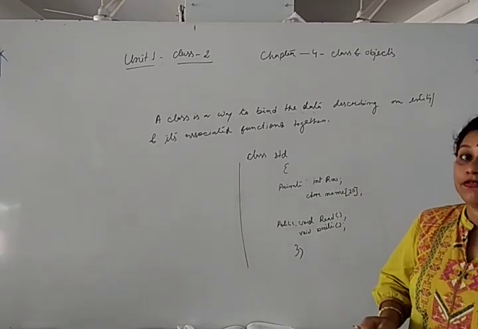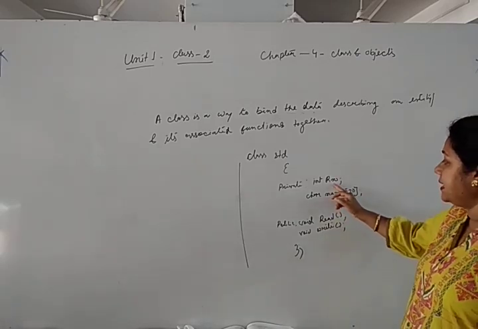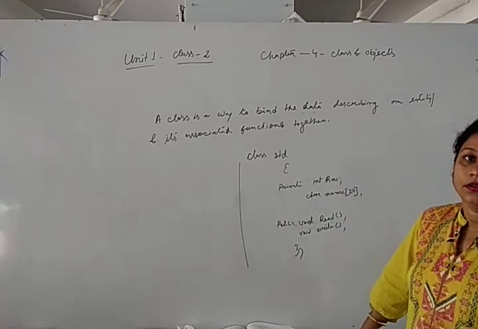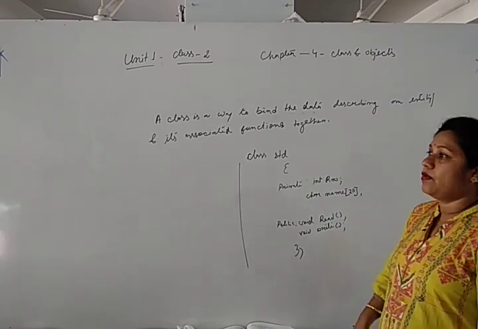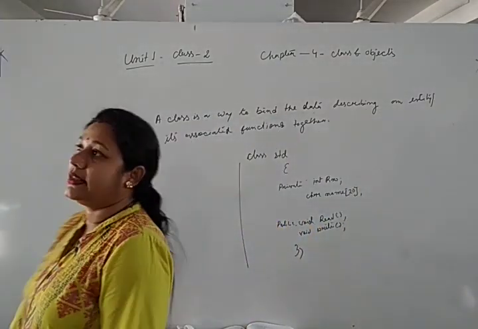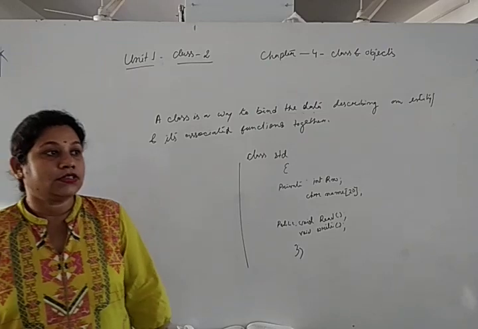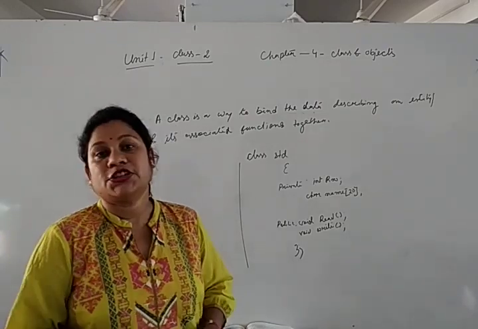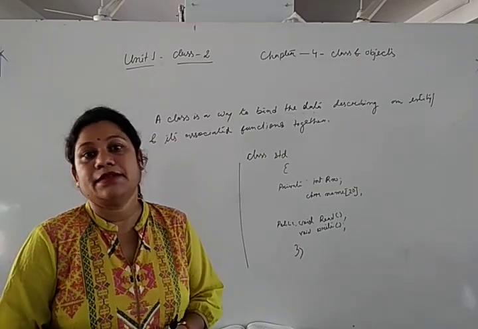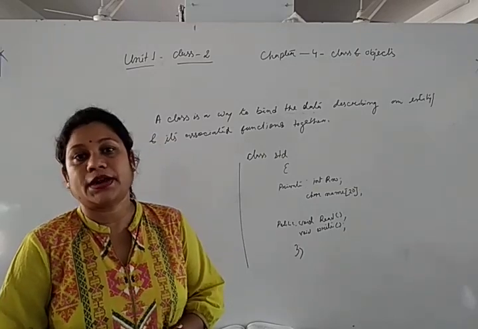No outsider function can access these data members directly. One of the important goals of a C++ program is information hiding, that means hiding the essential information from the unauthorized user.